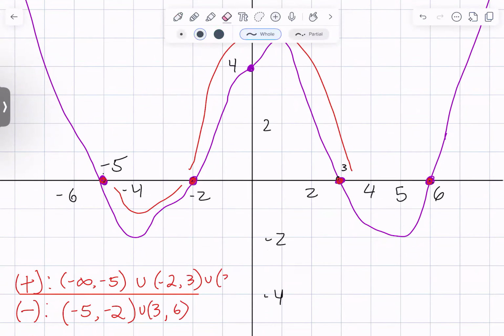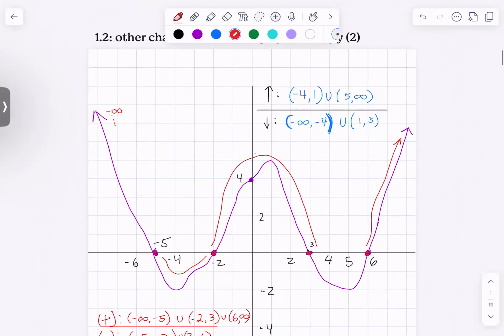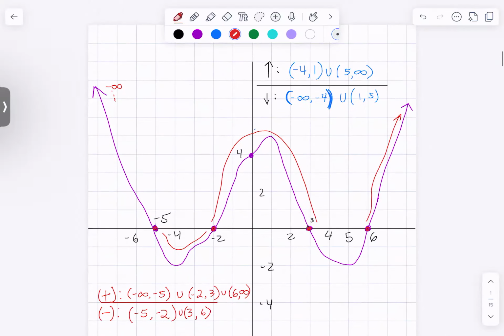And then from 6 to infinity, we are positive, all the way going up. Cool? That's positive or negative. Questions on that?